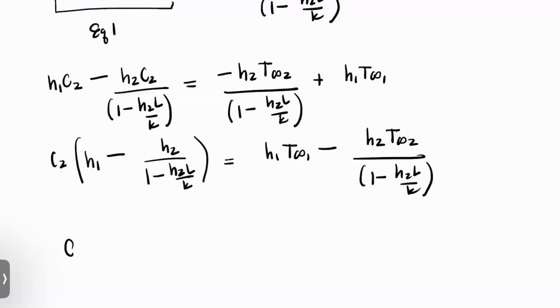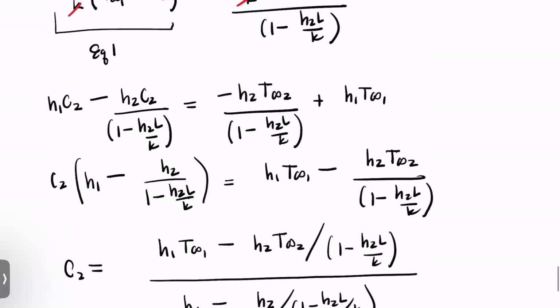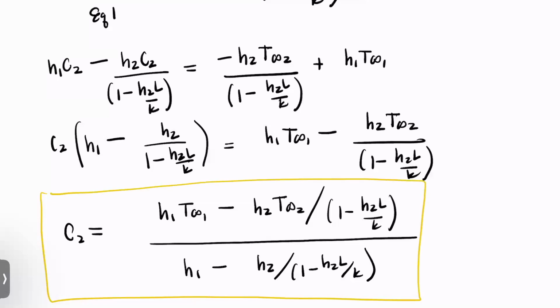All right, now I'm just going to divide through by this factor on the left-hand side. So I have H1 T infinity 1 minus H2 T infinity 2 divided by 1 minus H2L over K, all of that divided by H1 minus H2 divided by 1 minus H2L over K. All right, so we have an expression for C2.